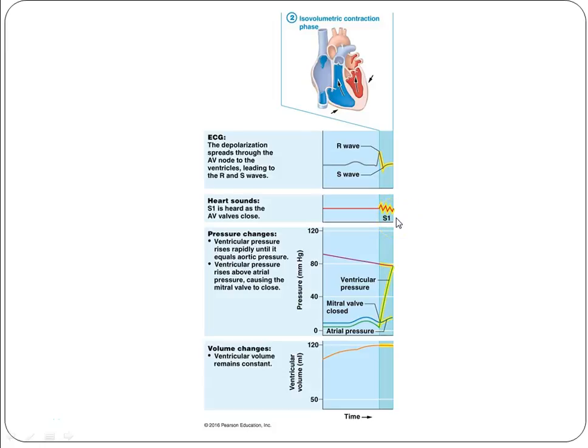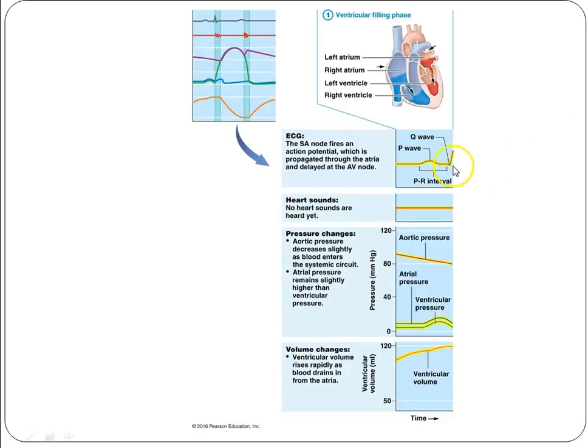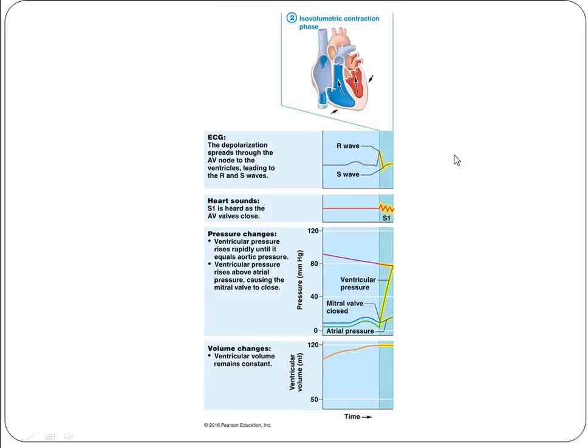If we then look at the contraction, the first part of that contraction is the isovolumetric contraction. So during the isovolumetric contraction, this is the time when the ventricles have depolarized. So this is the beginning of the QRS complex, or right after that in this isovolumetric contraction stage.